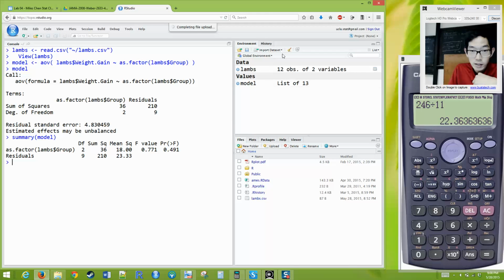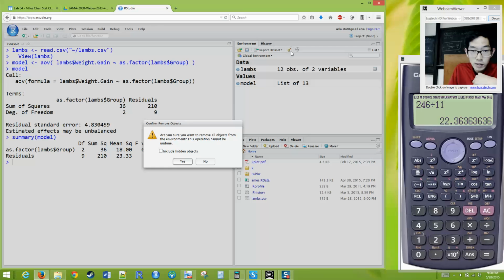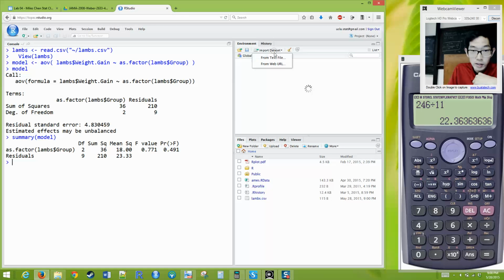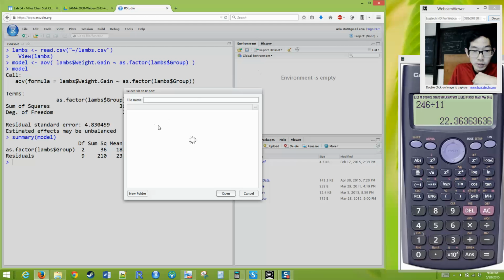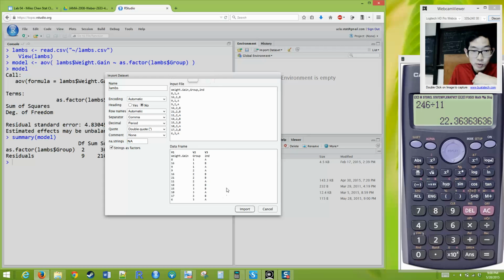We'll do the same thing. Row names. No heading. We do have a heading. Oh, it had to rename it because it doesn't like having things start off with the letters here.